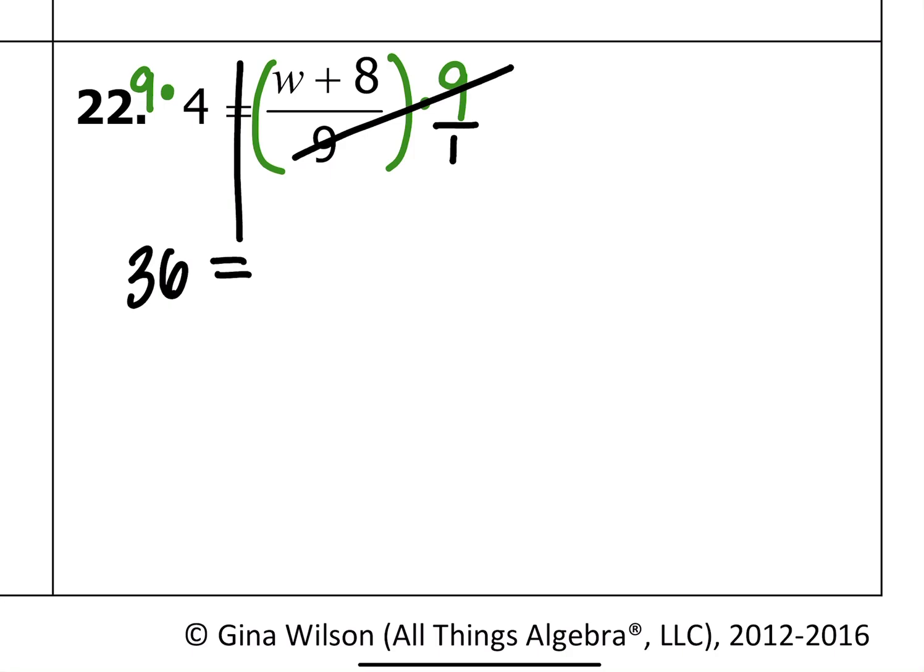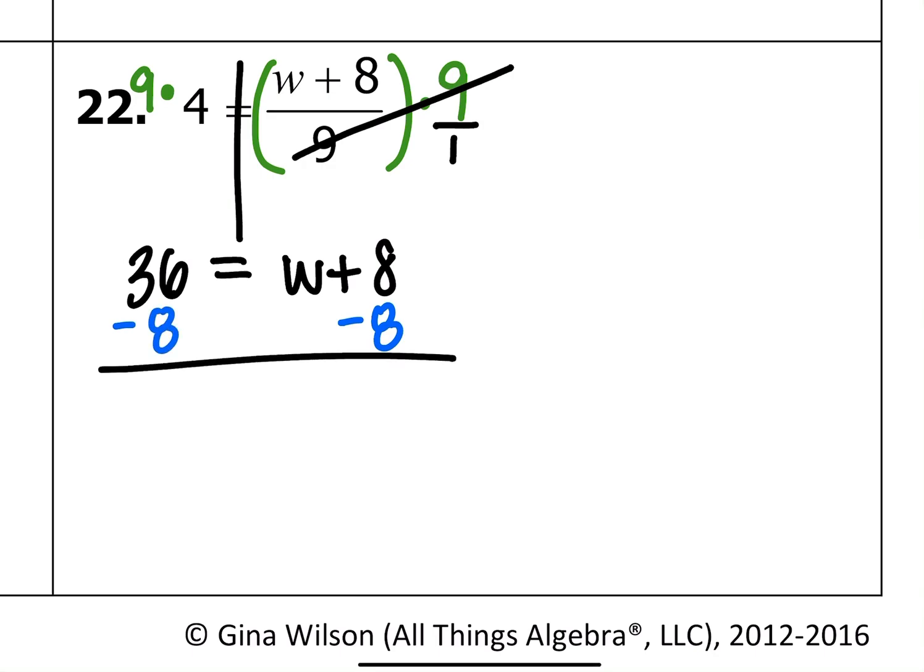We're not trying to distribute or doing anything crazy. The whole purpose of multiplying by 9 is to eliminate the denominator. So don't do extra work. Now I have a one-step equation, so I'm going to get rid of the 8 by subtracting 8 on each side. We get 28 equals W.